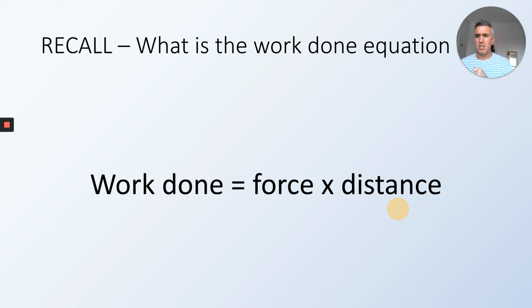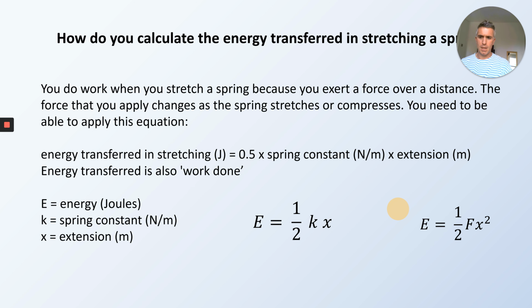So the energy in a spring, the work done on a spring, is more complicated than the simple work done equation that we'd normally use for moving something. In fact, the work done or the energy stored in the spring, there's more than one way to work it out. You do work when you stretch a spring because you exert a force over a distance. The force that you apply changes as the spring stretches or compresses, so you need to be able to apply this to an equation.